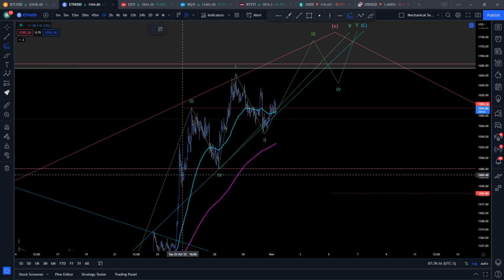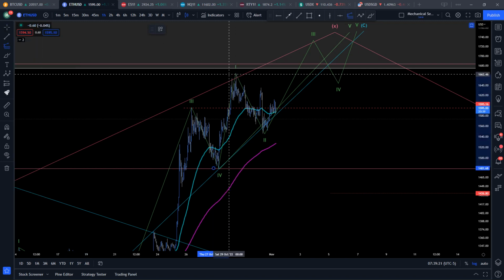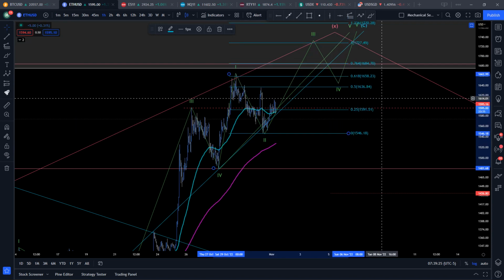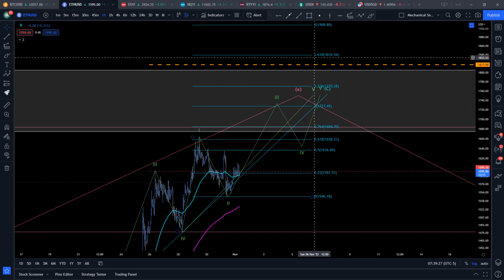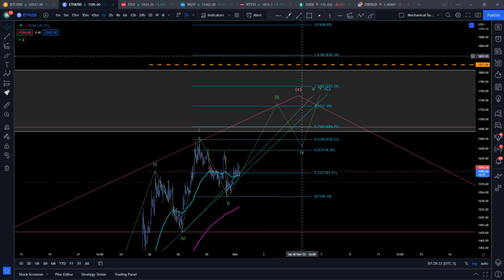The issue that I have with ETH is, and these are just rough numbers, guys, this isn't going to be perfect, the 618. If this is going to be a 5-wave to the upside, the 618 ends here.